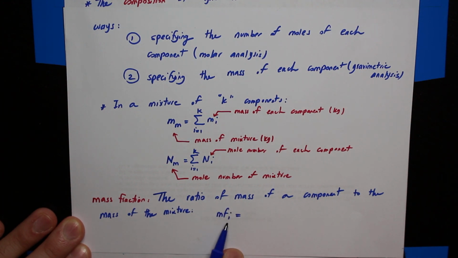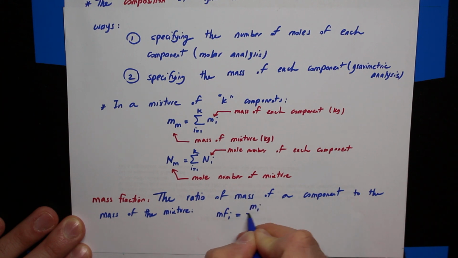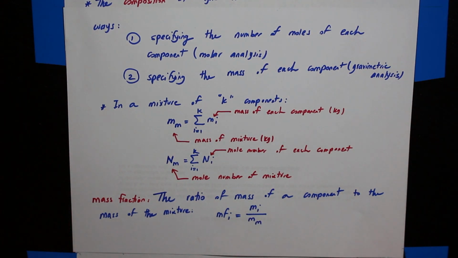So this is the mass fraction for component i, equal to the mass of component i over the mass of mixture. Okay, so obviously it's a dimensionless number because this is mass divided by mass.